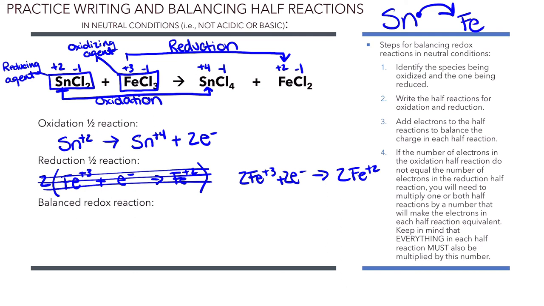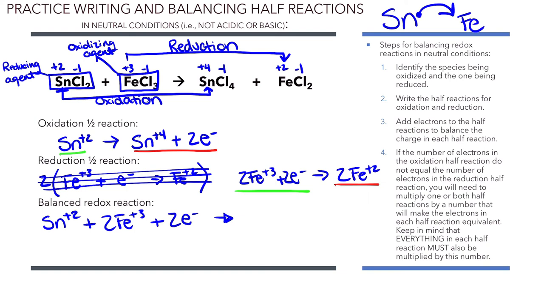All right, and then the last thing is for us to go ahead and combine these back together. I'm going to take all of my reactants and list them first. So I've got Sn +2 plus 2Fe +3 and 2 electrons. And then I've got all of my products: Sn +4 plus 2 electrons plus 2 Fe +2 ions.